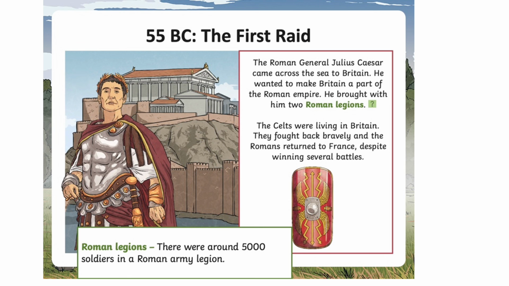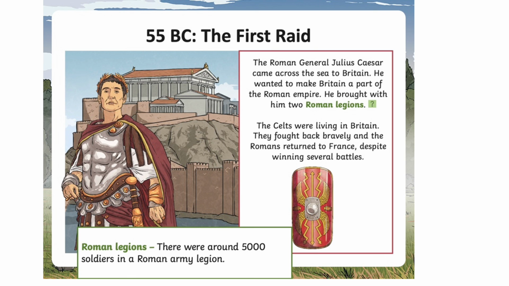Now, Roman legions is in green, and down at the bottom of the video, it gives you an example of what a Roman legion was. There were around 5,000 soldiers in a Roman army legion. But he brought 2. So how many Roman soldiers did he have?